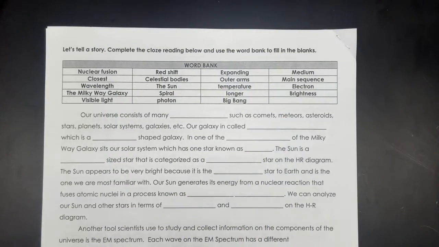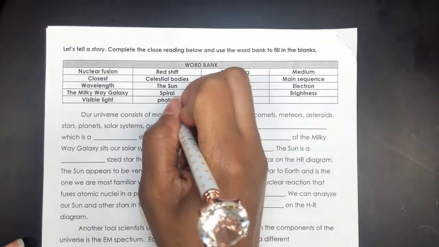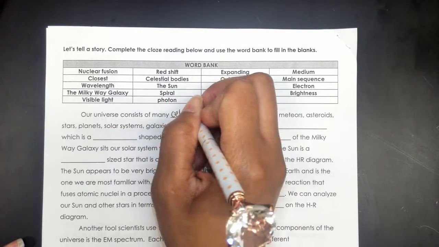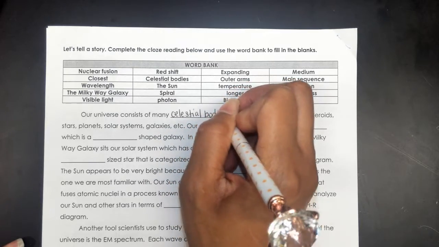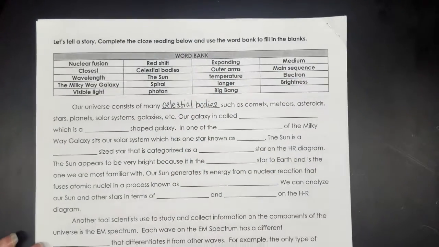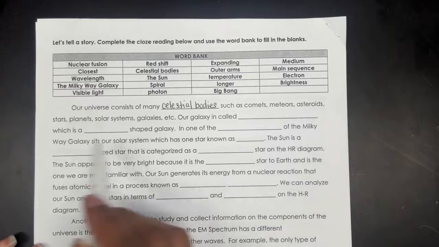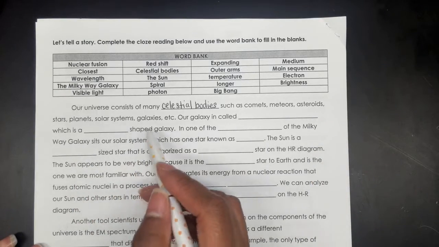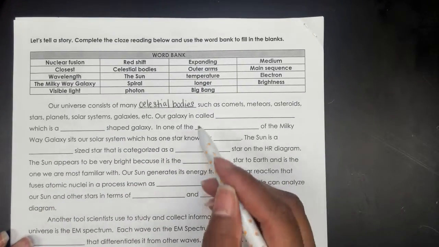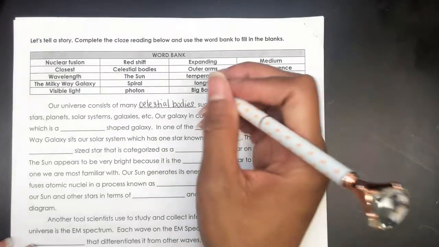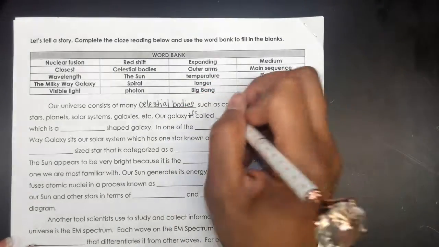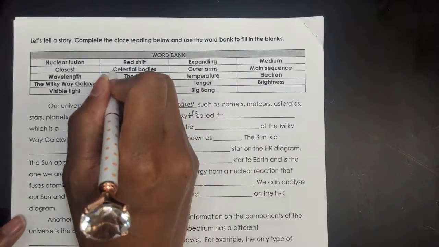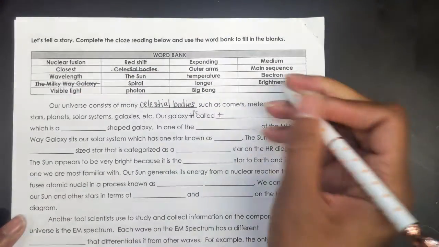Celestial bodies. Our galaxy is called the what? The Milky Way. We can cross out this one and the Milky Way.